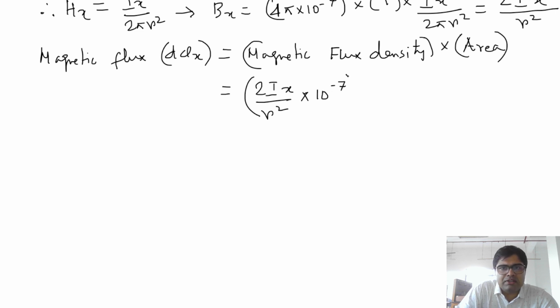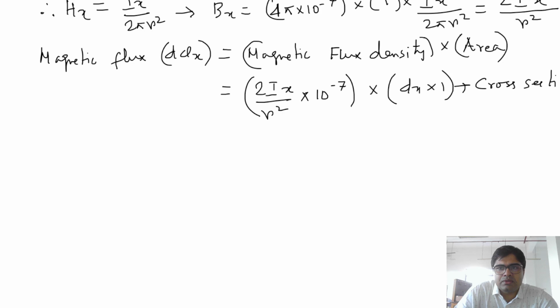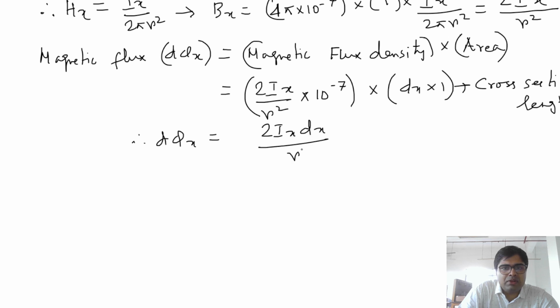This is magnetic flux density into area dx into 1, because we are considering only the cross sectional view, so the length of the conductor becomes unity. Therefore d phi x will be equal to 2 I x dx by r square along with this term 10 to the power minus 7.